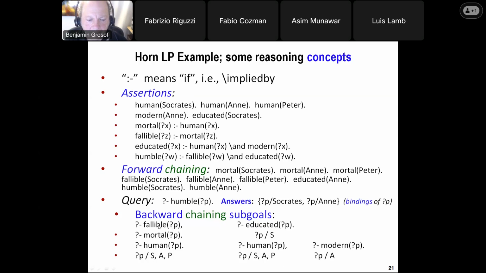And we also and together this subgoal chain around the fallible subgoal for the three instances, Socrates, Anne, and Peter, and so on.